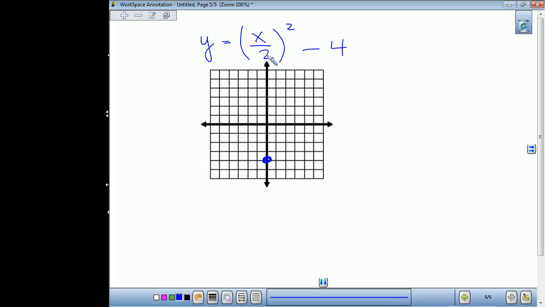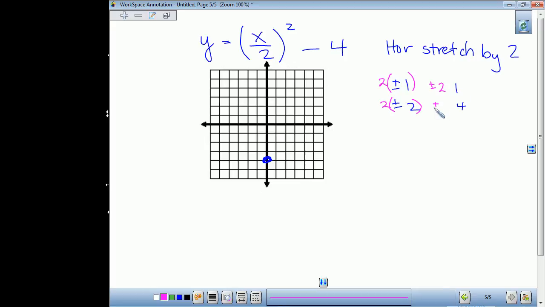Is this a horizontal stretch or compression? Stretch. It is. It's a horizontal stretch by a factor of what? 2. So that means I take those x's and they get multiplied by 2. So I actually go plus or minus 2, 1, and plus or minus 4, 4.